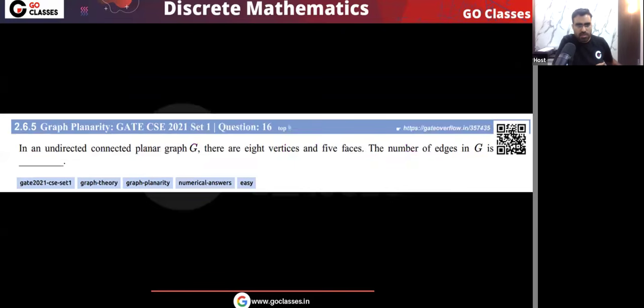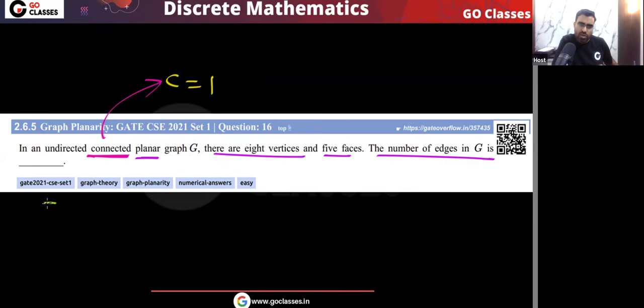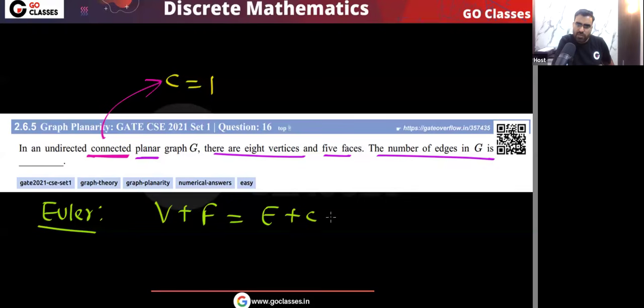Simple question. Let's solve this GATE 2021 question. Undirected connected planar graph. Connected means the number of components is equal to 1, and it is a planar graph. There are 8 vertices, 5 faces. Then the number of edges? You can apply the Euler formula. The Euler formula says that V plus F is equal to E plus C plus 1.